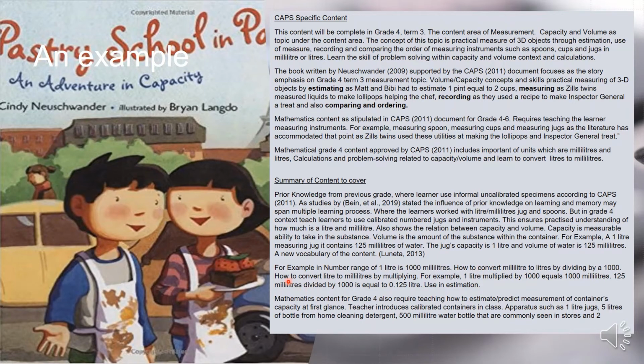For example, 1 liter is 1000 milliliters. So how to convert milliliters to liters? You divide by 1000. How to convert liters to milliliters? By multiplying.